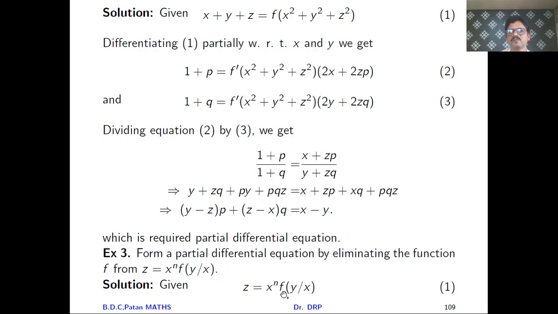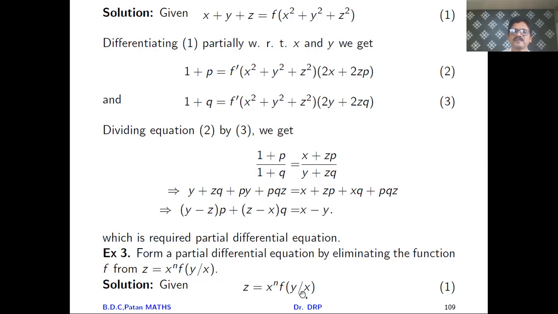Differentiate this equation partially with respect to x and partially with respect to y. While differentiating partially with respect to x, if you observe the right hand side, x is present in x raised to n, as well as in the function f of y upon x.